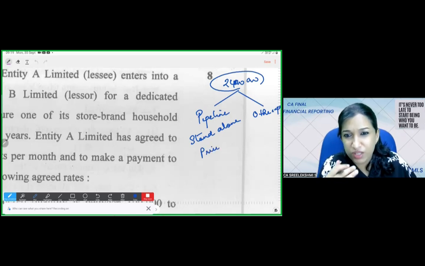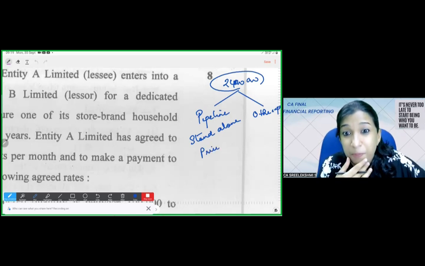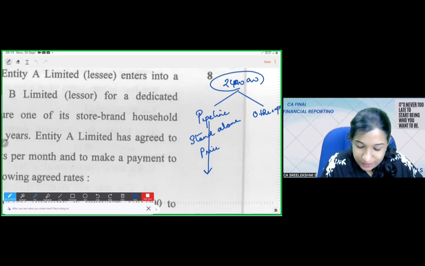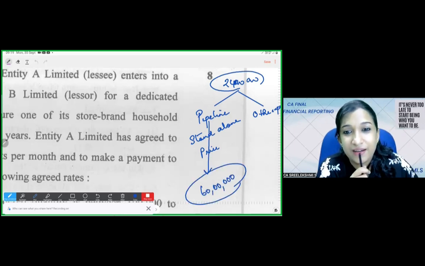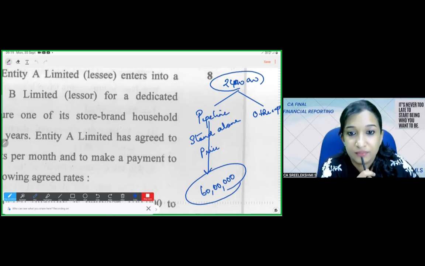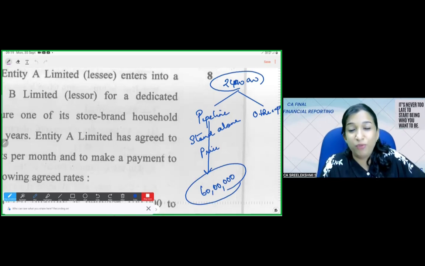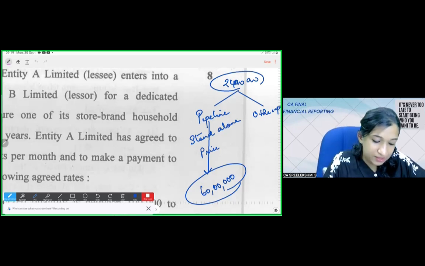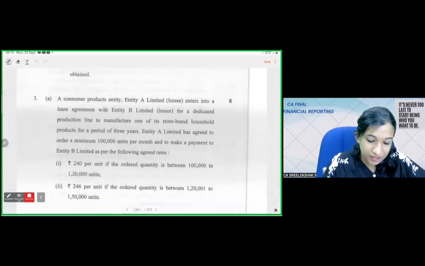If I am giving this pipeline alone, how much would you have charged? That is given in the question: the standalone price of pipeline rent is 60 lakhs. And if I am doing only the work, the expense I am incurring is 195 per unit.